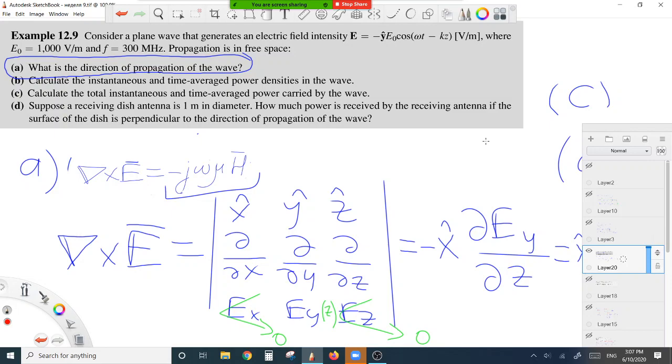Question C is asking to calculate the total instantaneous and time average power carried by the wave.